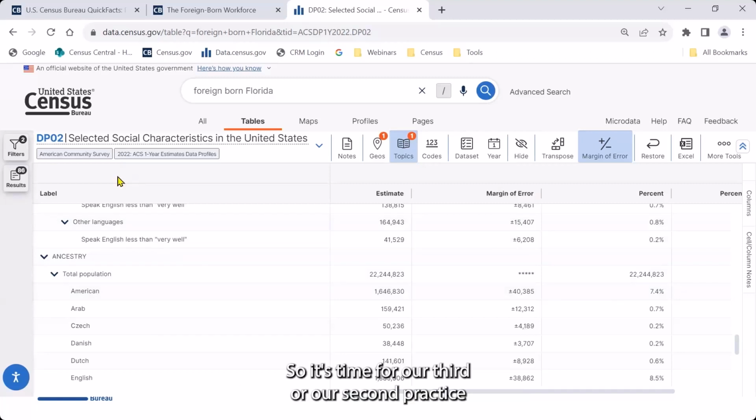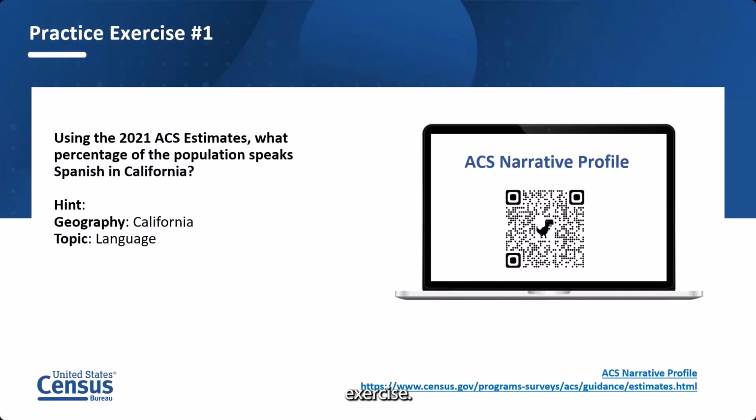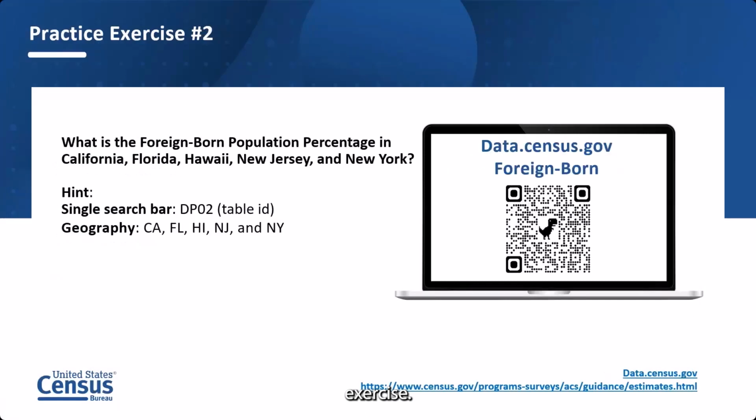All right, so it's time for our second practice exercise. What is the foreign-born population percentage in California, Florida, Hawaii, New Jersey, and New York? And here's your hint.